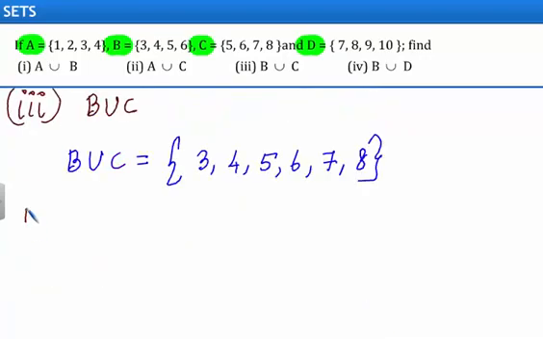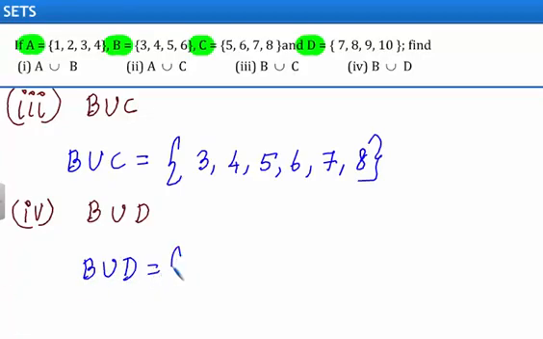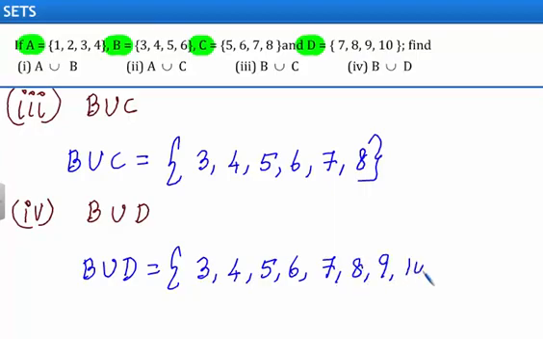Next we need to find B union D. B union D will be equal to set of those elements which are either in set B or in set D. So this will be equal to 3, 4, 5, 6, 7, 8, 9, 10.